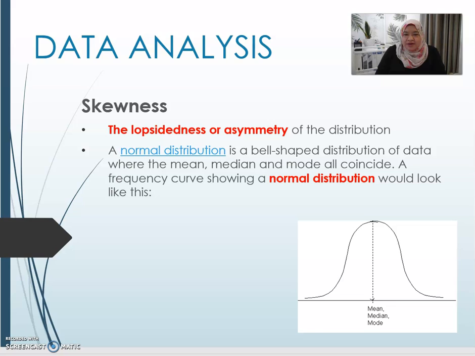Normally it is a bell shape distribution of data, which means that you have your mean in the middle. For a normal distribution the shape will be symmetrical, which means the left side and right side are the same.